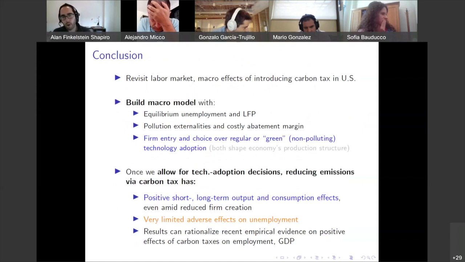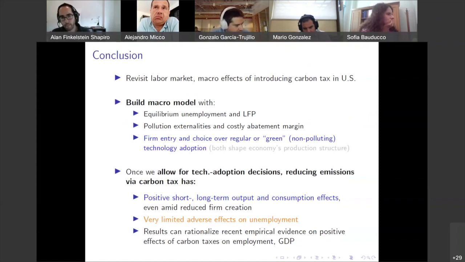What we do is go back to thinking about the labor market and macro effects of a carbon tax in the US, with a model that importantly allows us to think about a margin that has been ignored in the literature, namely the fact that firms can respond to policy not only by undertaking costly abatement of emissions, but also by simply switching the technology they use to produce from an emissions standpoint.